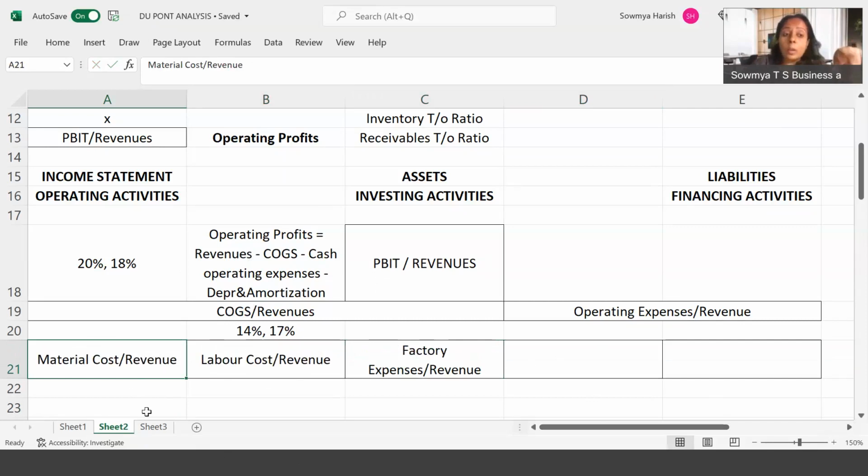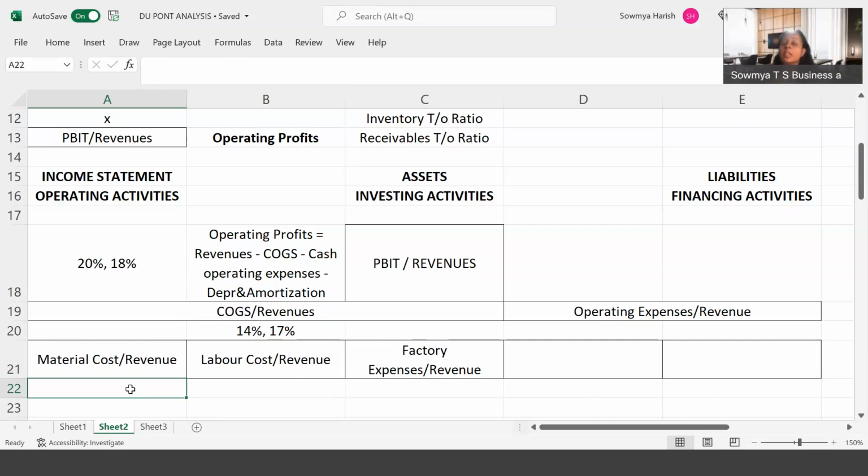Okay. Now, coming to material cost, see why there might be an increase in material cost. Material cost might have increased because there might be an increase in the price of the material procured, or maybe inadequate material was available, or there was no proper management of material, mismanagement of material.